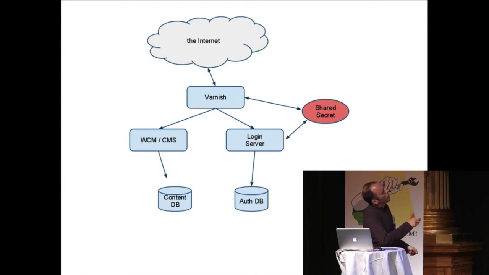Then we can transparently direct him to the login server. The login server can then check against the database, without the user having to supply credentials, that the user account is still valid. And then do a transparent refresh, and the user gets a new cookie, which is valid for another 4 hours. And he can go and have a look at the content.